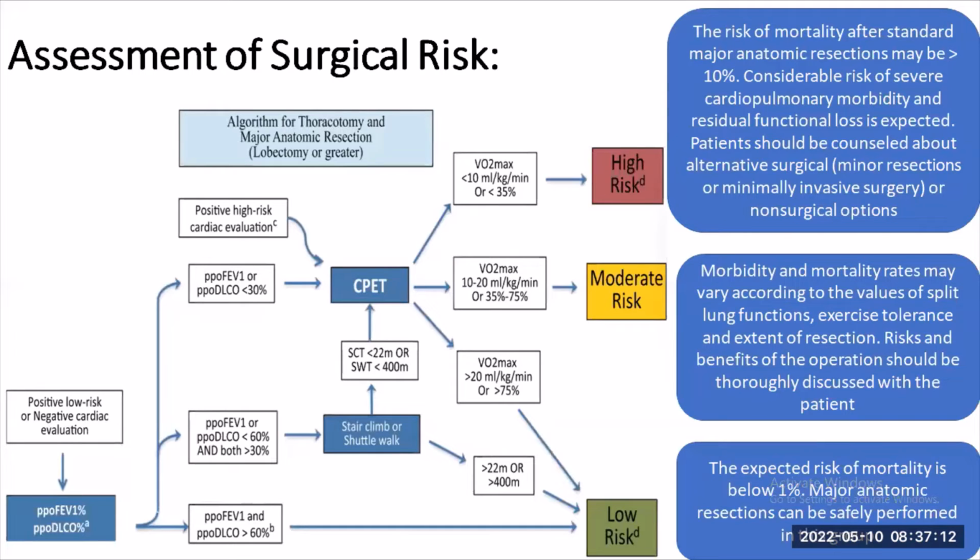So how to decide surgical risk in a patient? A patient with a negative cardiac evaluation and with a predicted post-operative FEV1 and predicted post-operative DLCO of more than 60% is considered to be a surgically low risk patient, where expected mortality after surgery is only 1%.